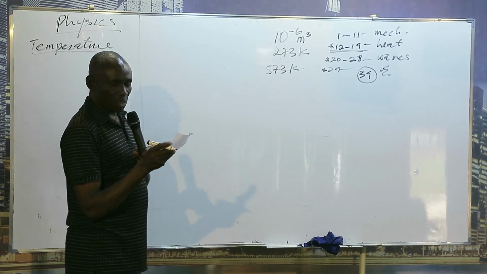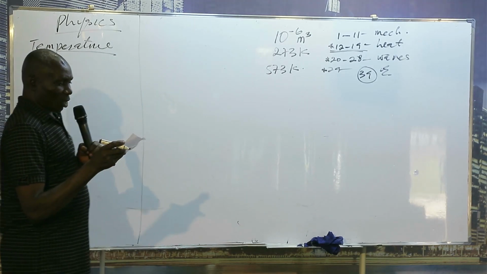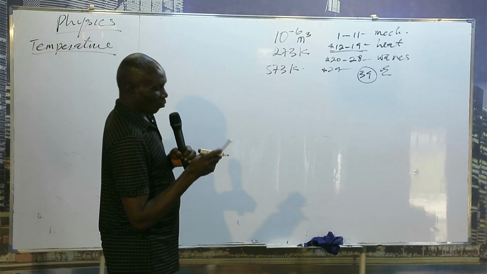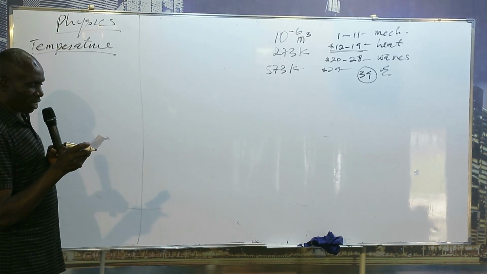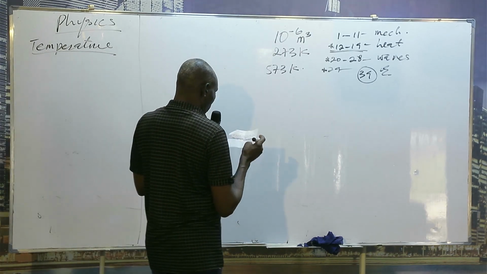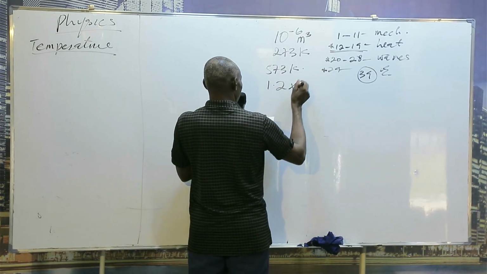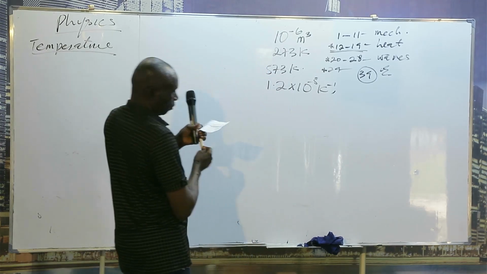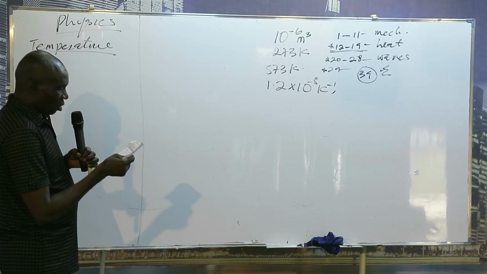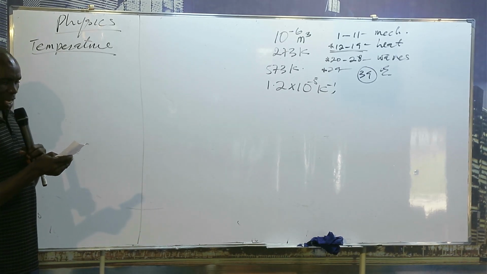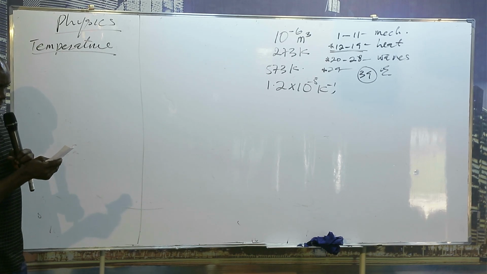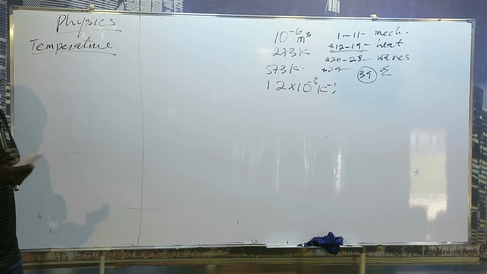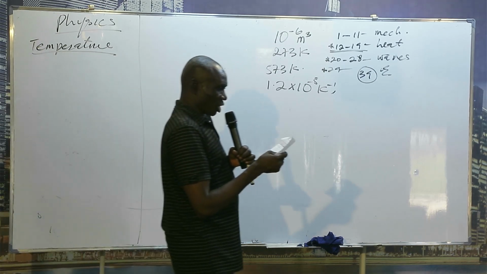If its coefficient of linear expansion is 1.2 times 10 to power minus 5 per Kelvin, determine the percentage change of its volume.